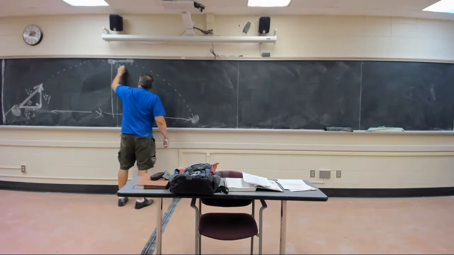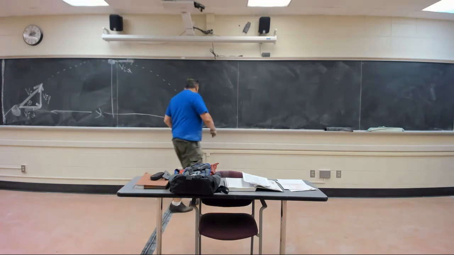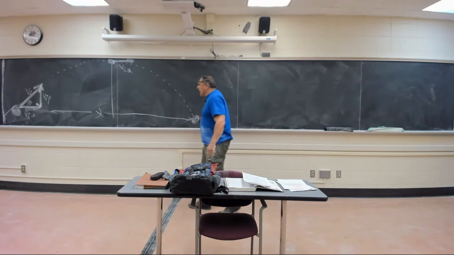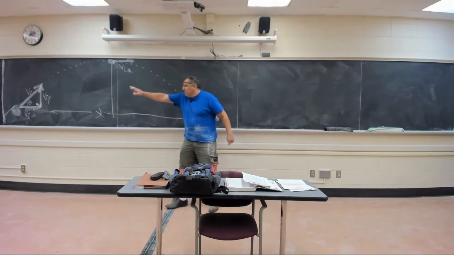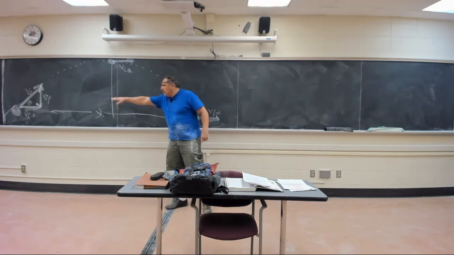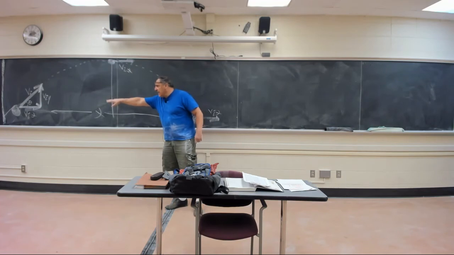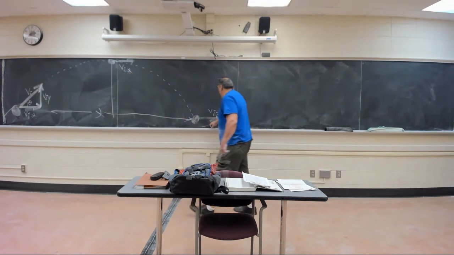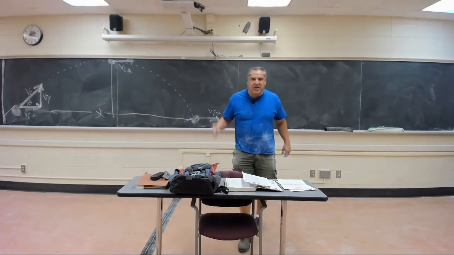That is also Vix. Right here it's Vix, and that might surprise you. What am I doing? I just called all three of them the same thing. Beginning horizontal component of velocity, middle horizontal component of velocity, very end horizontal component of velocity are all equal.